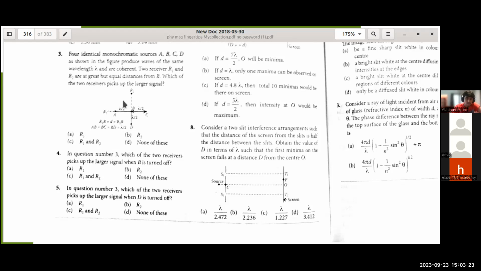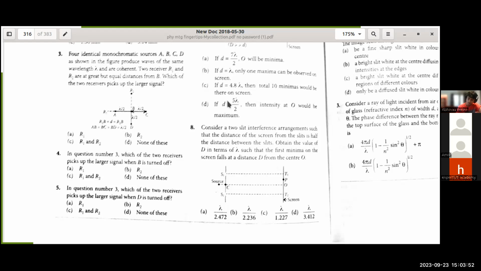Write this down first, the obvious part. If you turn off C, then R1 and R2 receive equal signals.